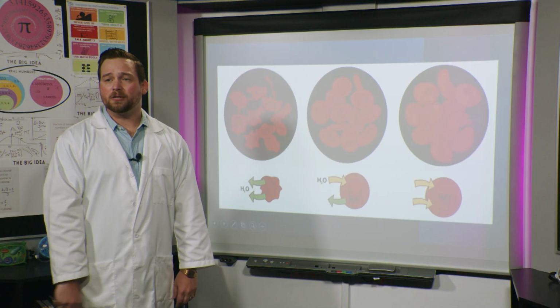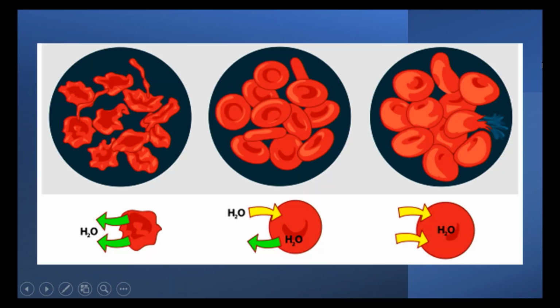Okay, so let's look at this picture and kind of break it down a little bit. Okay, over here on the left, the leftmost example, this is like our slug and the salt situation. If you pour that salt on the slug, there's more solutes outside of the cell, and so you can see in the bottom on the left-hand side, all of that water is going to leave the cell.